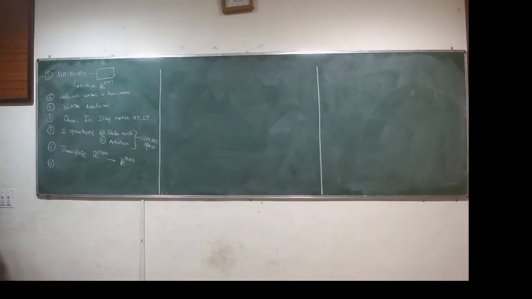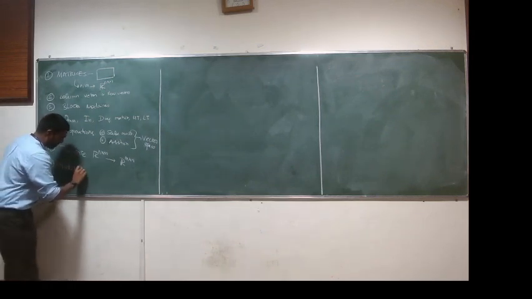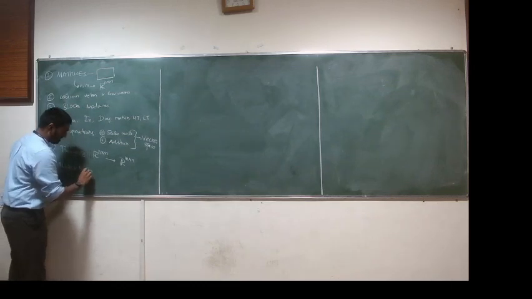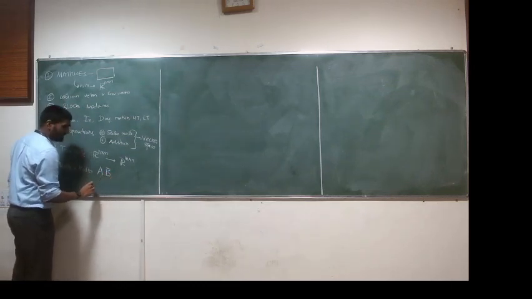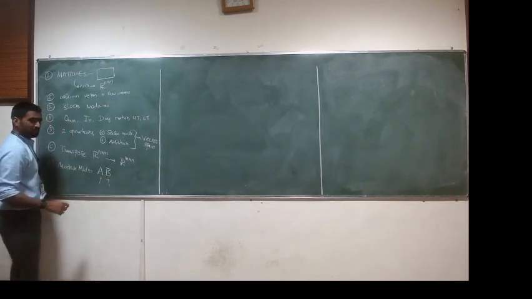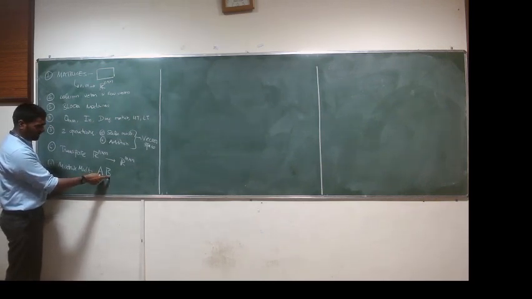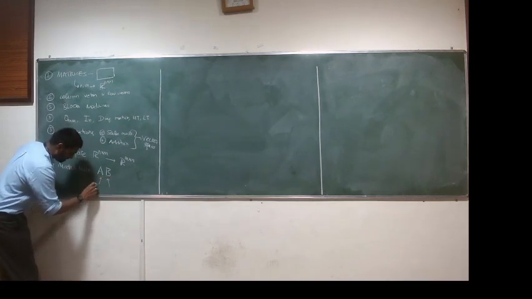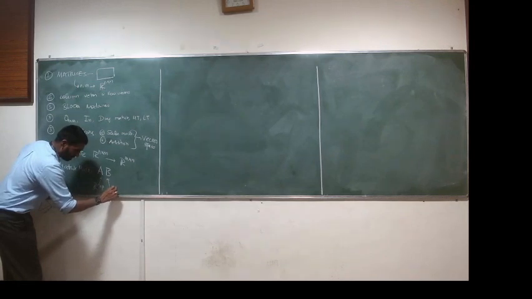And finally we started discussing matrix multiplication. When can you multiply two matrices A and B? What is the condition on these two? Yeah, the number of columns in A should match the number of rows in B. So if this is n cross p, this has to be p cross something.